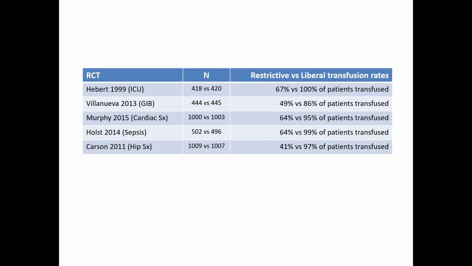Now, the major randomized trials that I have presented earlier have all shown that a restrictive strategy leads to about a 30 to 40% reduction in patients being transfused. And so we're hoping that with the implementation of a restrictive strategy provincial-wide, we'll also see, in addition to clinical benefit to patients, a reduction in the amount of blood being transfused as well.